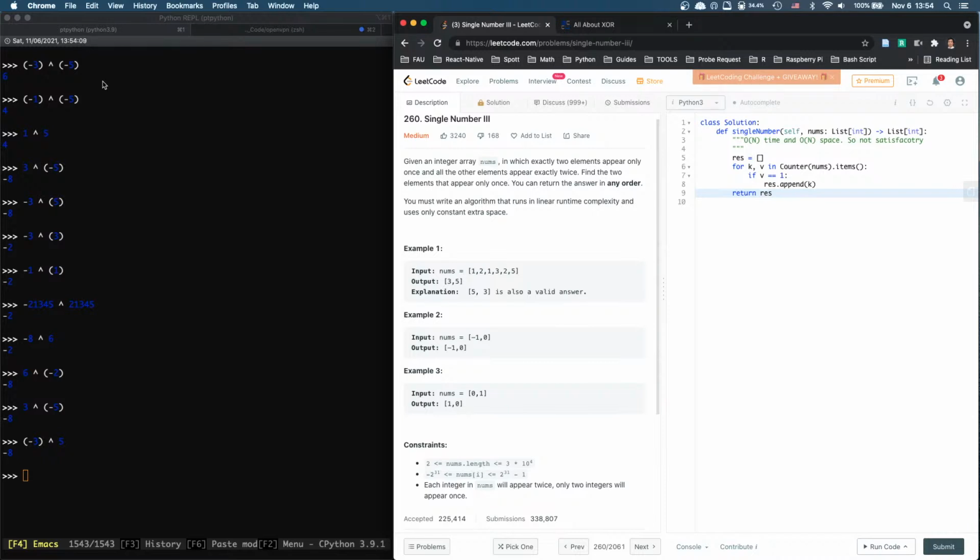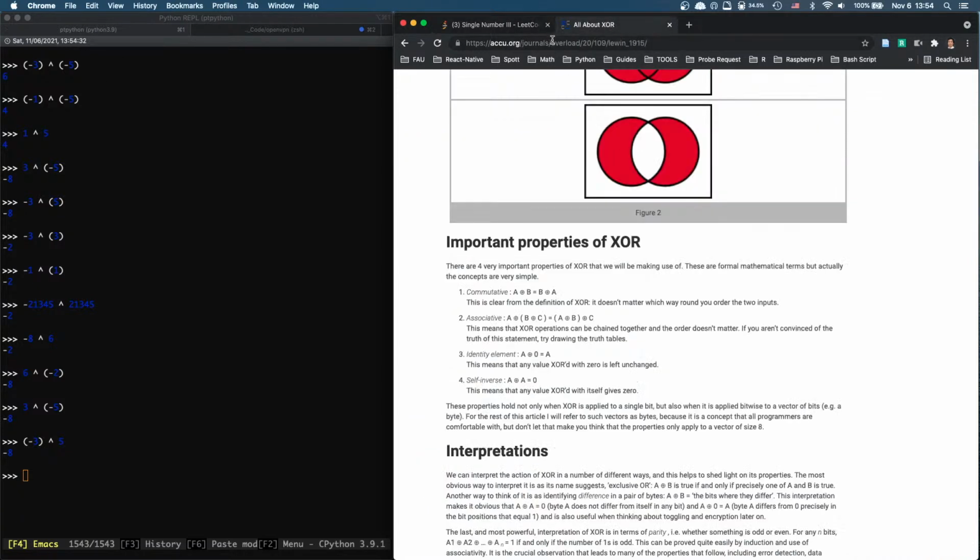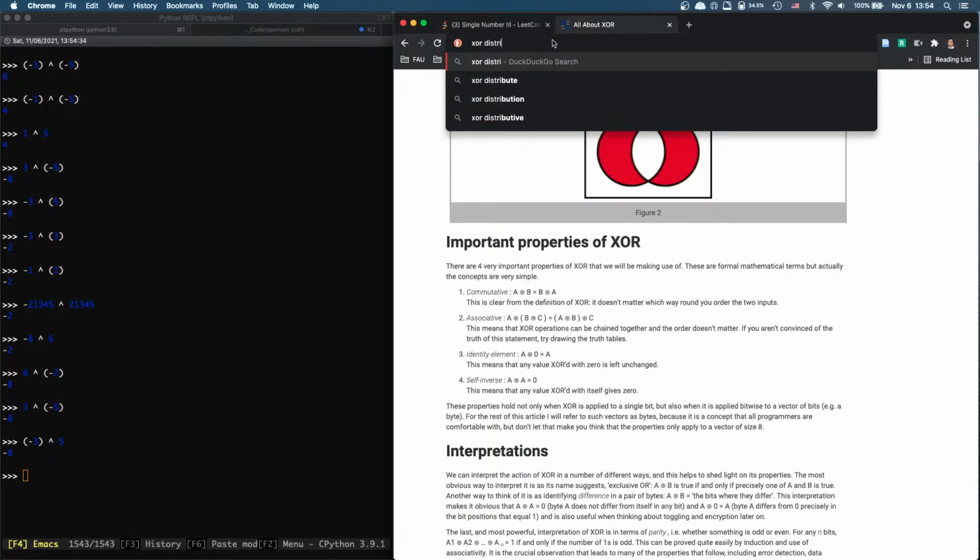Oh, I don't know. Exclusive OR with arithmetic. Does exclusive OR have distribute? What they call distributive? Does it have that?